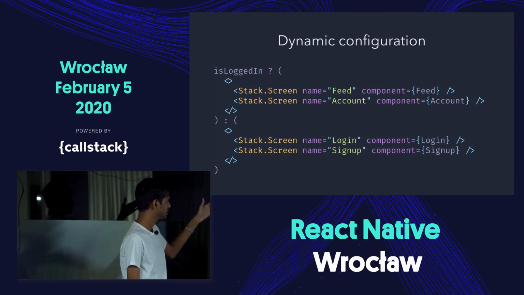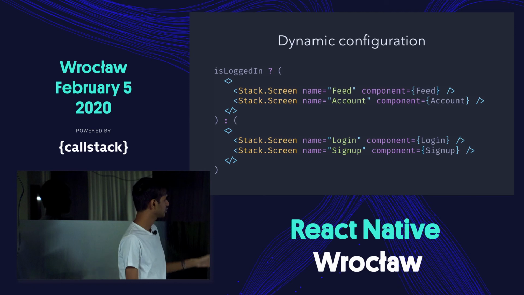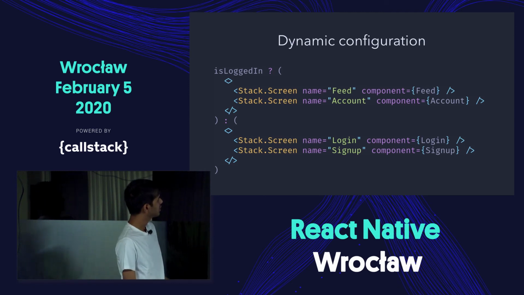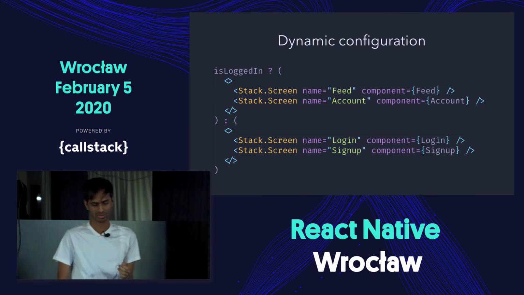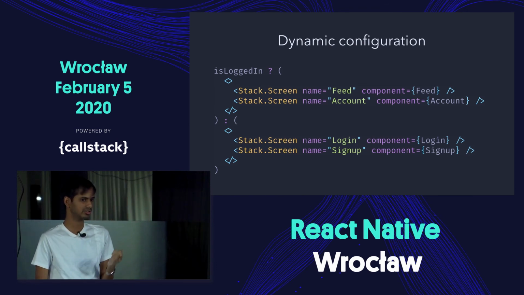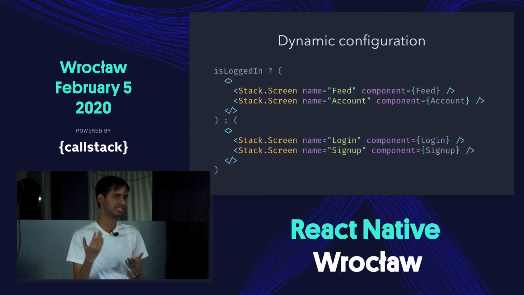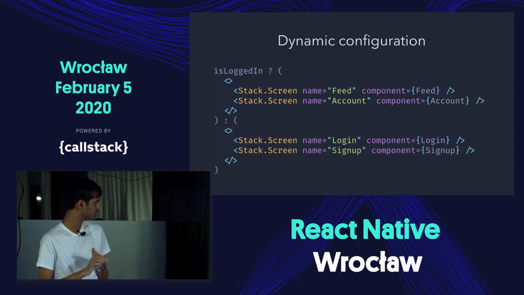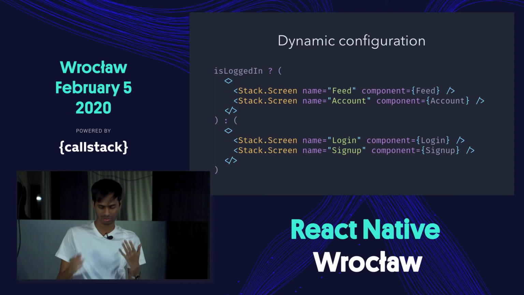When isLoggedIn changes from false to true, it will automatically remove all the screens which are not supposed to be there, and you'll see the feed screen. In the previous version, you had to navigate manually, or use something called a switch navigator, or do a reset. Now you no longer have to do any of those. It's all easy and automatic.